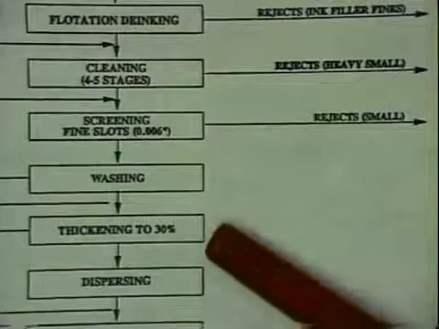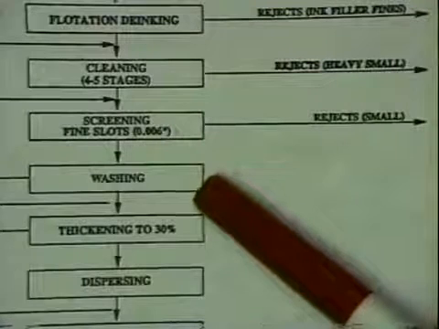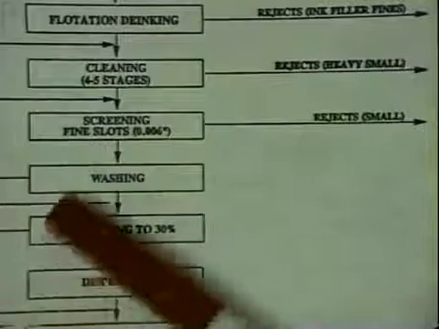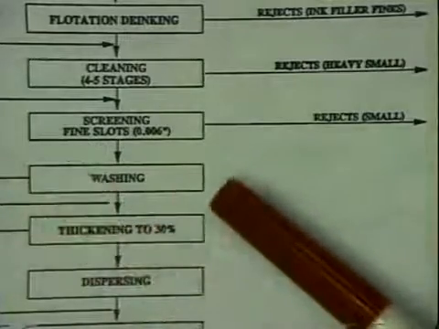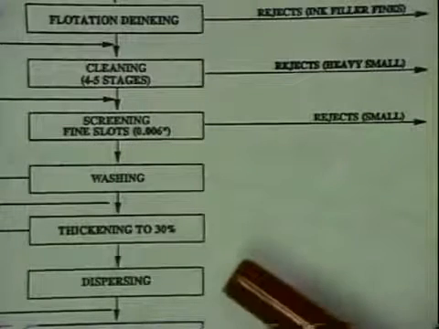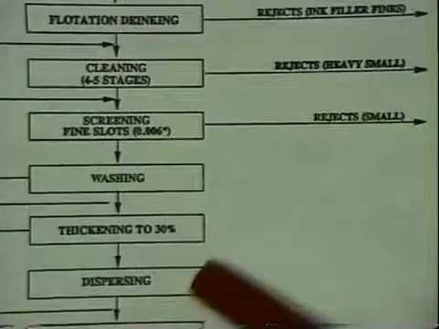Now in this case we're showing washing going on. So we're removing some ink in the washing process. So our wash water is going in over here to a white water system where we'd probably clarify it and then send that water back to the pulper. Then we'll do thickening to 30% and then dispersing.